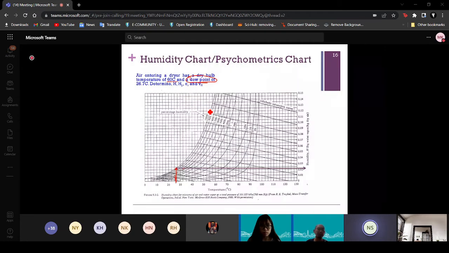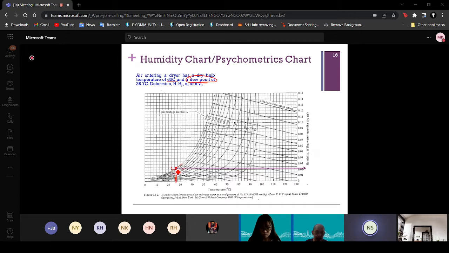So very simple. Okay, so apa yang kena buat? Vertical line stop sampai dekat 100% kat sini. Dia boleh je cakap unsaturated air condition 40%, then you stop dekat 40%. But in this case, it's not mentioning anything, so just say dew point, meaning that it's going to be 100%.